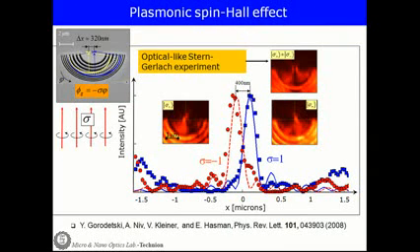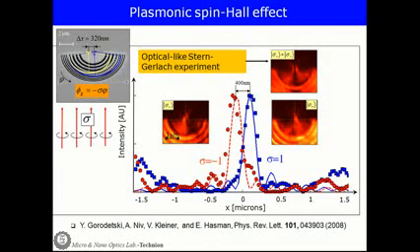We also observed an optical spin effect for a plasmonic lens. We realized a plasmonic lens, a coupler surrounded by a Bragg grating, and we illuminate it with spin up and spin down and measure, using near-field optical microscopy, the location of the focal spot of the surface wave.